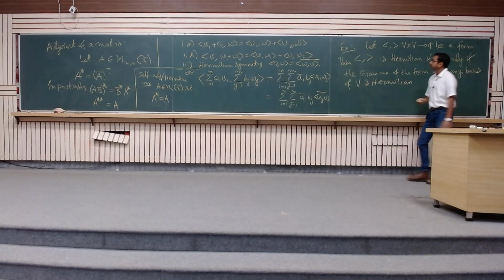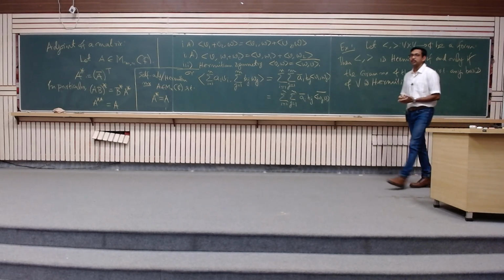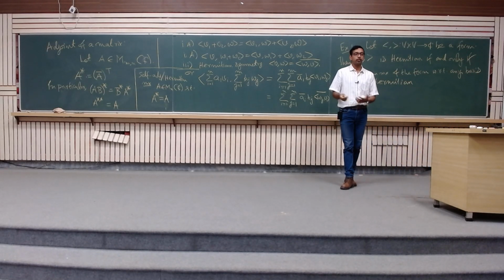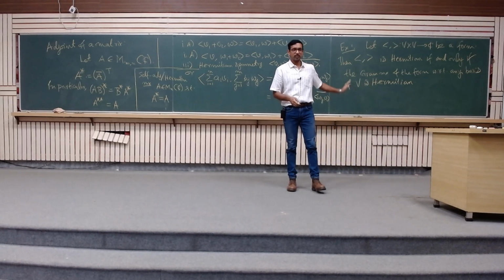And the proof is exactly as we have done with symmetric forms, where we showed that the Gram matrix is symmetric if and only if the form is symmetric. Just the same argument works.